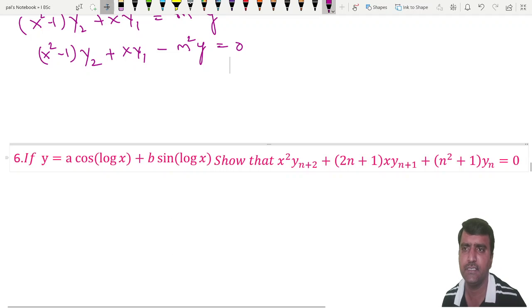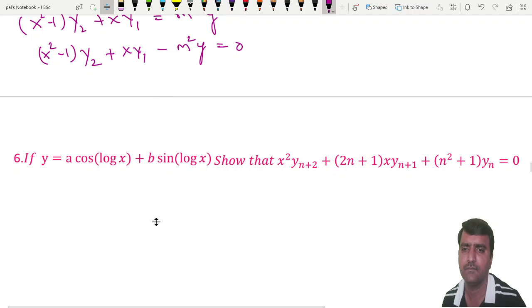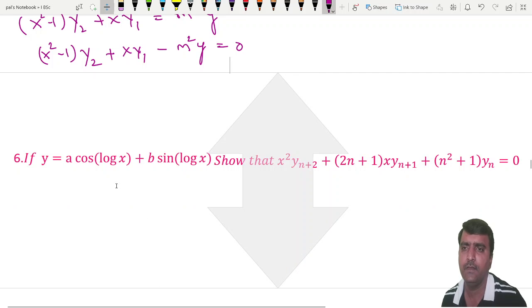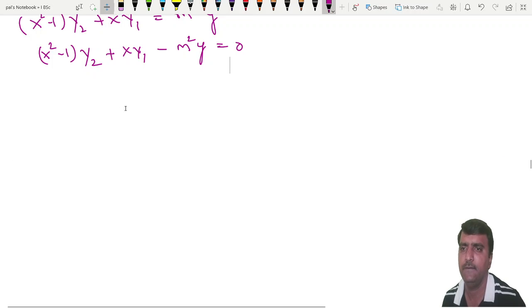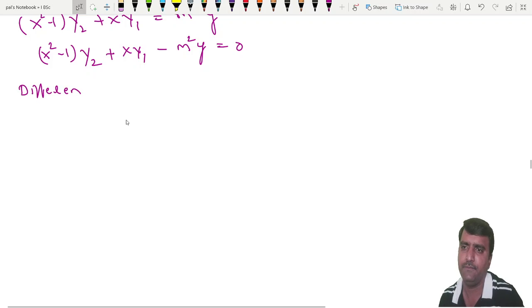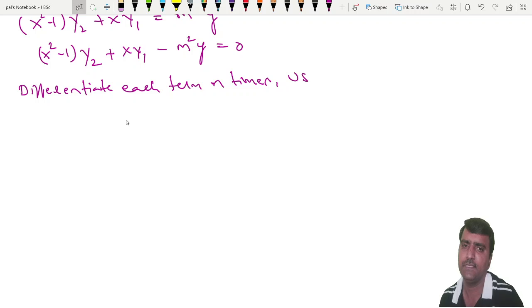Applying nth differentiation: differentiate each term n times using Leibniz theorem.